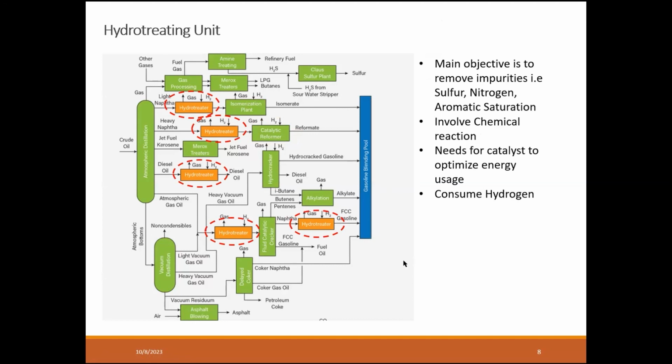Those of you from a chemical engineering background may be aware that a catalyst is needed to reduce the activation energy of the reaction, so we need less heat to start the reaction. All right. For hydrotreaters, like I mentioned, they consume lots of hydrogen.